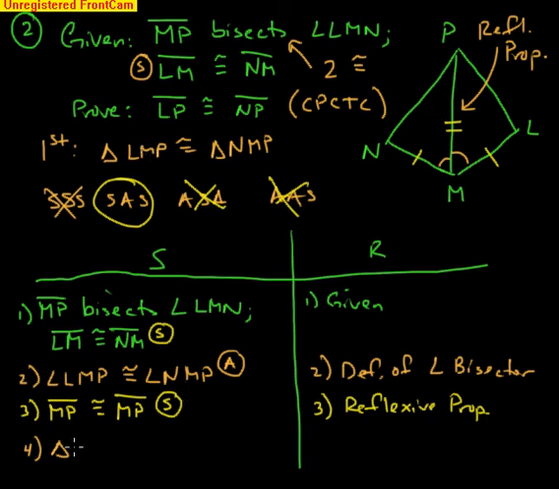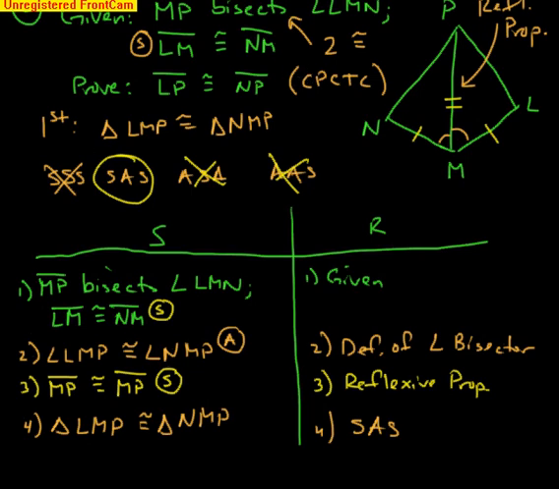So what are the two triangles? Well, we labeled them up here. Triangle LMP is congruent to triangle NMP. This is going to be by side, angle, side. So now that we know the triangles are congruent, we know that all 6 parts of one are congruent to all 6 parts of the other.